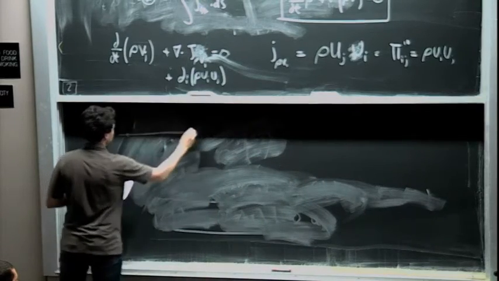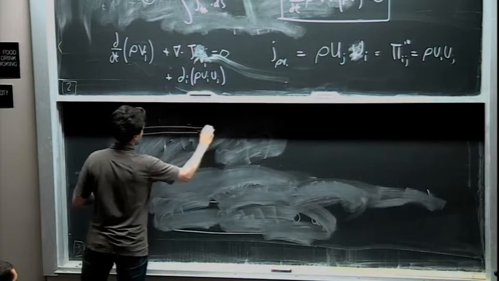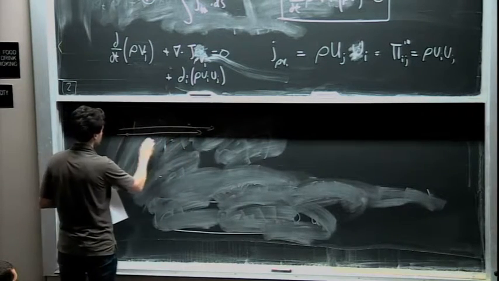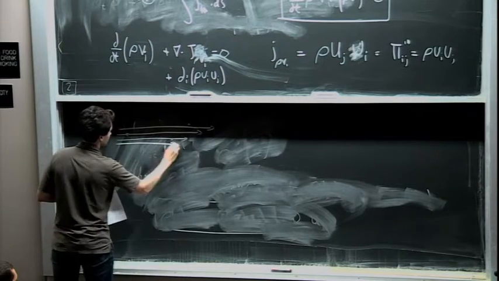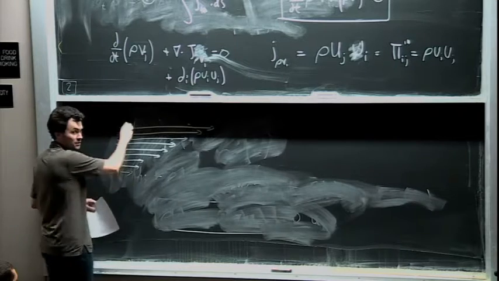So we think about our flow like this. We impose some flow over here. We see that the momentum in the x direction moves across.